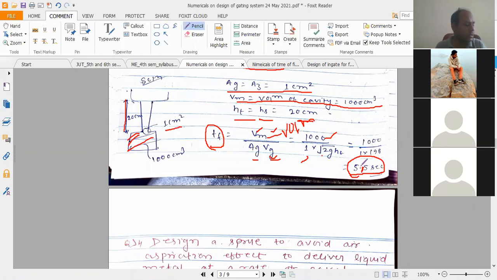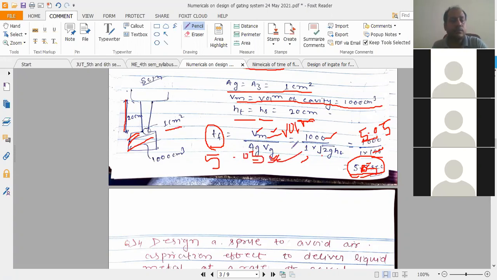You have to solve it once, then it will be better, because this one is nearly about 200, 198, and the 1000, so 5 times will be 1000 and 0.05 it will be, I think, not the 5.5. 5.05 is the correct answer. Yes, sir. So you have to correct it. This is not 5.5. This will be 5.05 second.